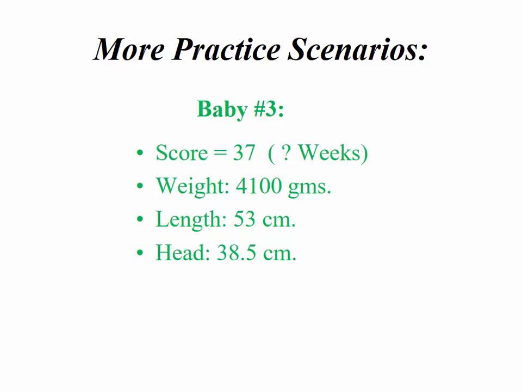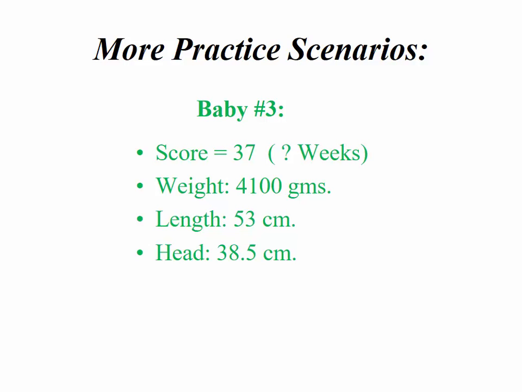Okay, let's do one more, and you could go back to that first page again to do this one. Let's see. So this baby is, the score is 37. So how many weeks is that? The score is 37. Everybody look and see what you think the weeks would be. Okay, 39. Okay.